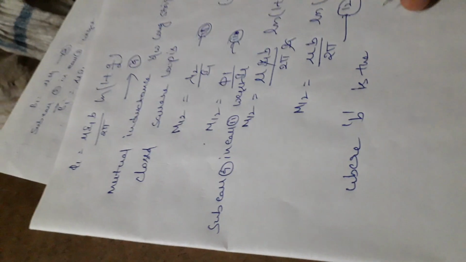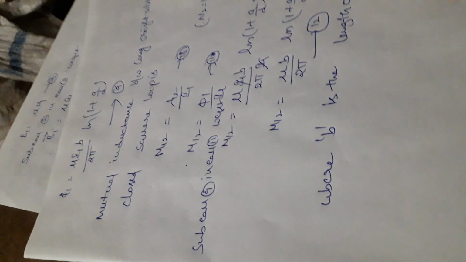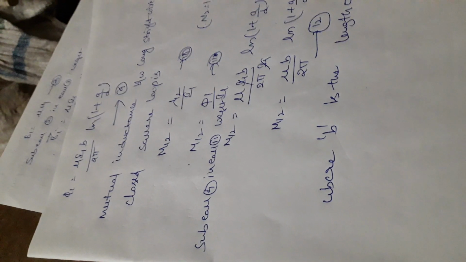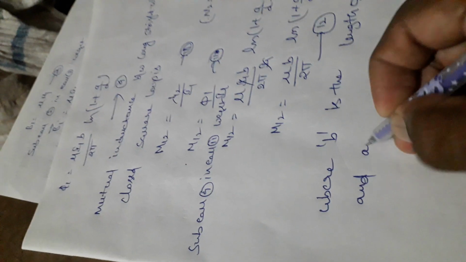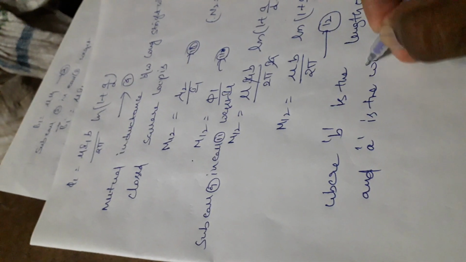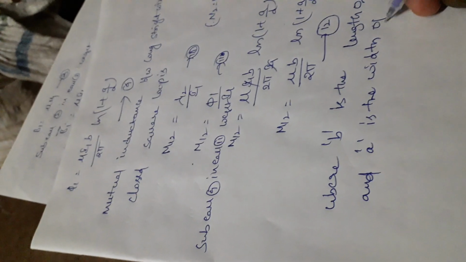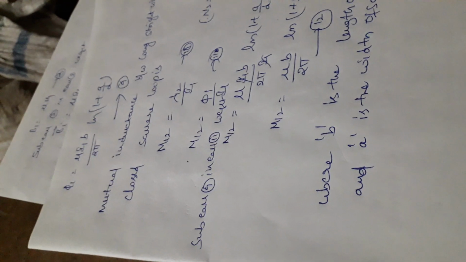b is the length of the square loop in meters and a is the width of the square loop in meters.